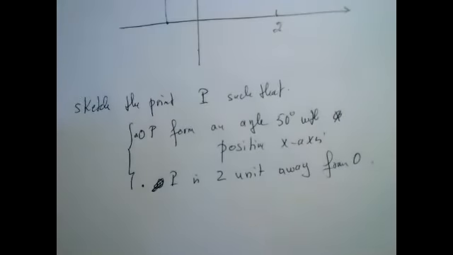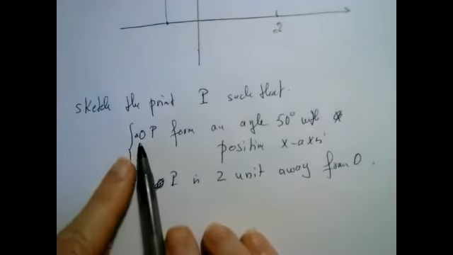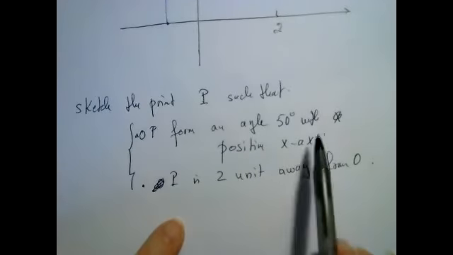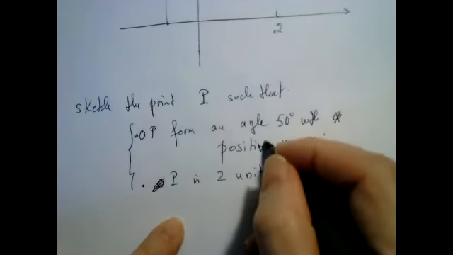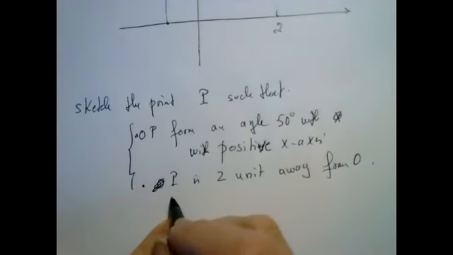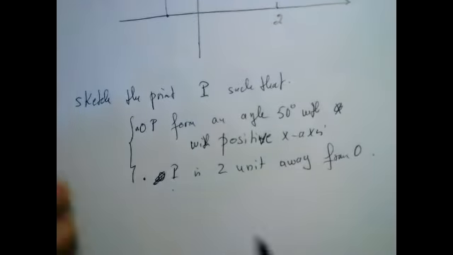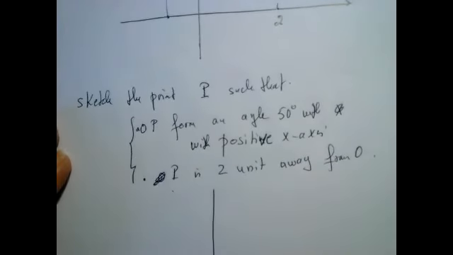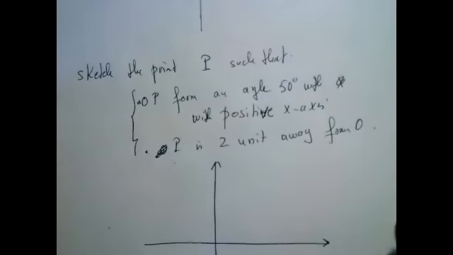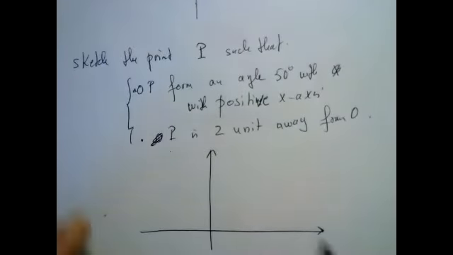So I'm telling you to sketch a point such that OP forms an angle of 50 degrees with the positive x-axis, and the point P is 2 units away from 0. Can you sketch this point? Is it easy or hard? Can we locate the point in the plane that satisfies both conditions?